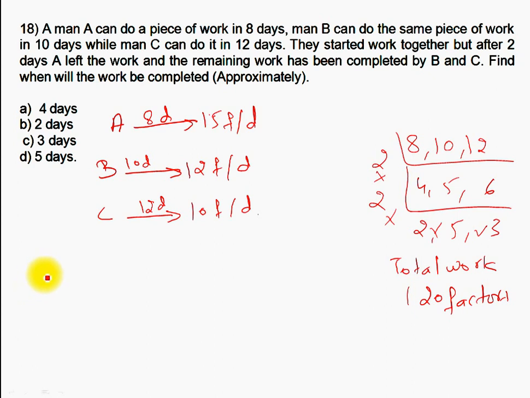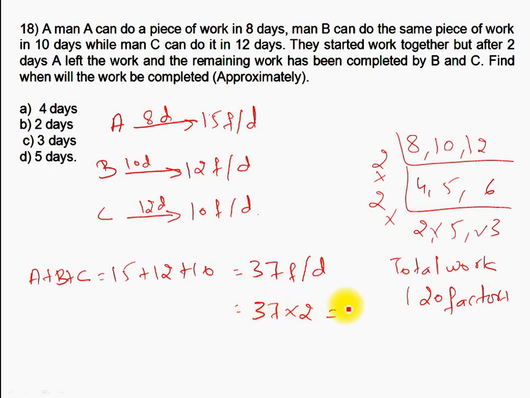Okay, so they started work together, but after 2 days, that means they worked together. A plus B plus C, that is 15 plus 12 plus 10, comes out to be 37 factors per day, and they worked for 2 days, that is 37 into 2, 74 factors they have completed in 2 days, right?